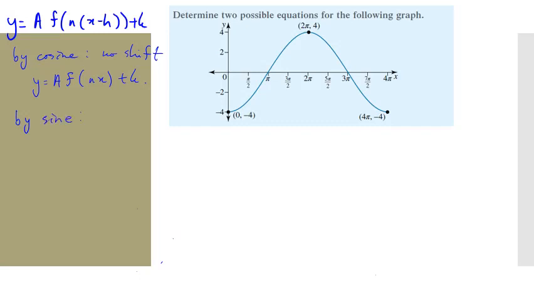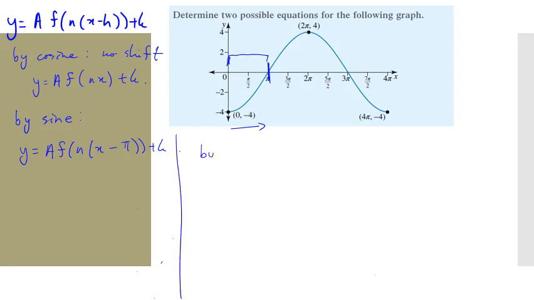If there is a sine graph, remember sine starts from 0, so that's a 0. From here to here, there's our shift. So then by sine, we would have a f of n(x minus pi) plus k, since this is shifted forward by pi. So then the only thing we have to work out is n, a, and k. Now, they're going to be different depending on which one we're working out. You'll see why in 1 second.